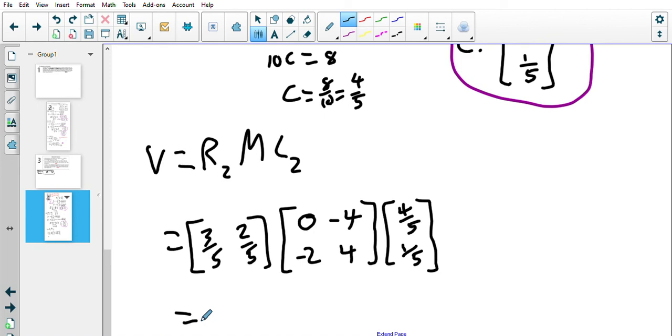And for C, I'll put in our 2 by 1 column matrix, 4/5 and 1/5. And then A times B times C in our calculator gives us a value of negative 0.8 or negative 4/5.